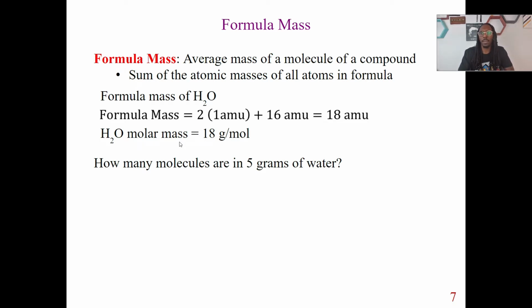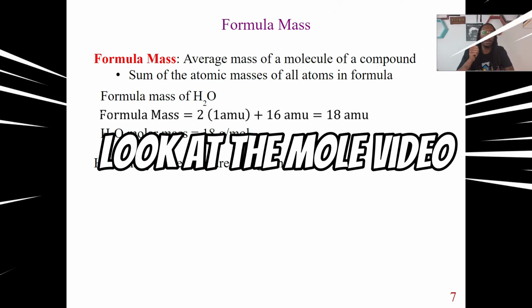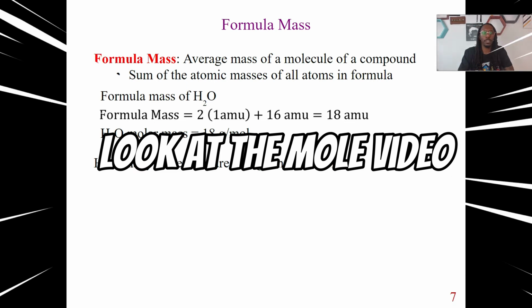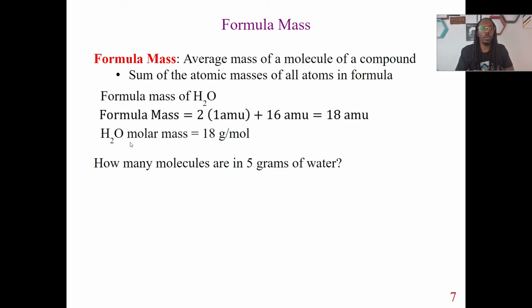Now, what I want to go over quickly is molar mass. We mentioned molar mass before in our moles video. Make sure to go look at that other video about moles. You want to understand moles for sure. But when it comes to molar mass, we need to understand that for every 1 mole, it is equal to that compound's mass. For example, water's molar mass is, for every 1 mole of water, there's 18 grams.